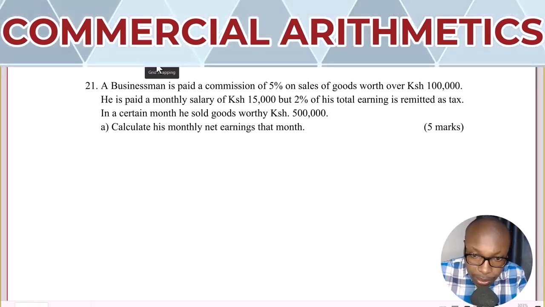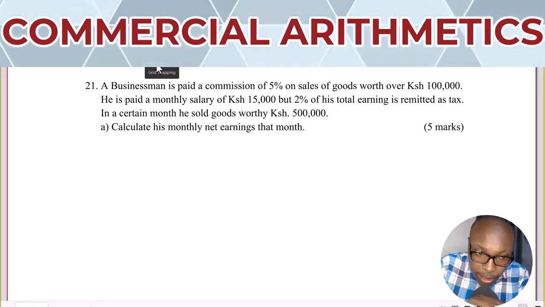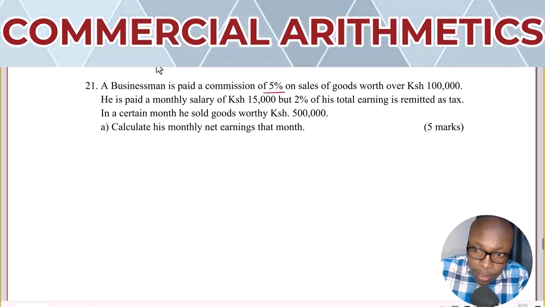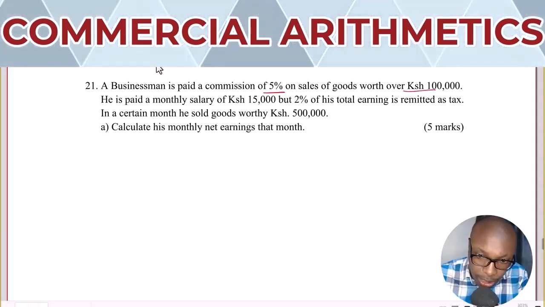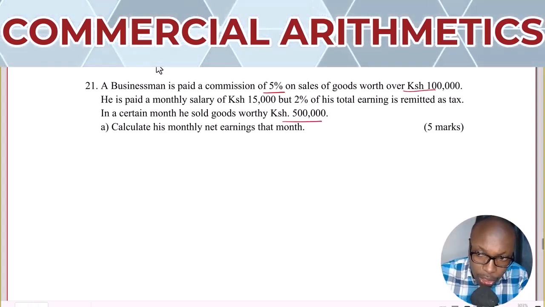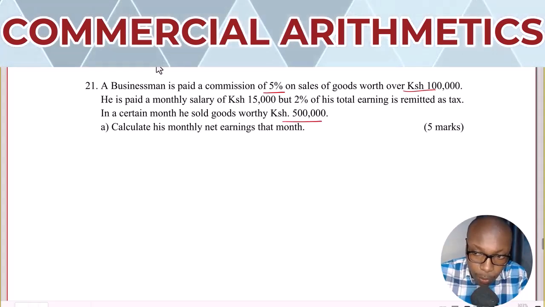So the first thing that you begin to get is this commission. He gets a commission of 5% of goods that are over 100,000. In that month, he sold goods worth 500,000. So what is the value of the goods that are above 100,000?